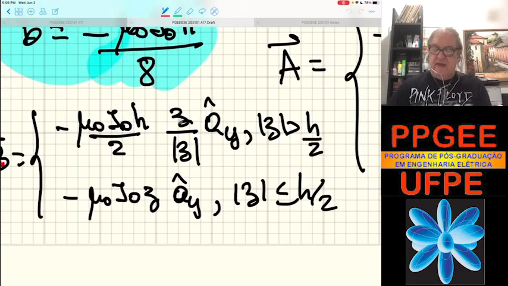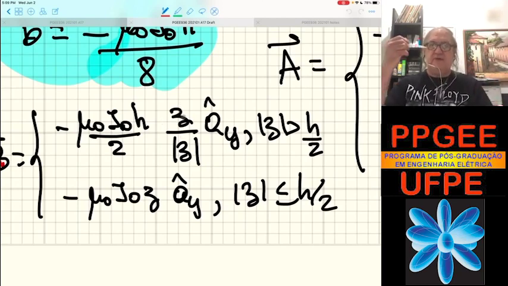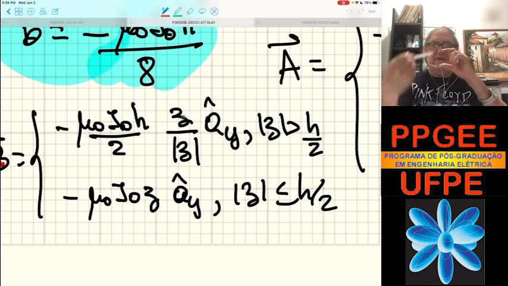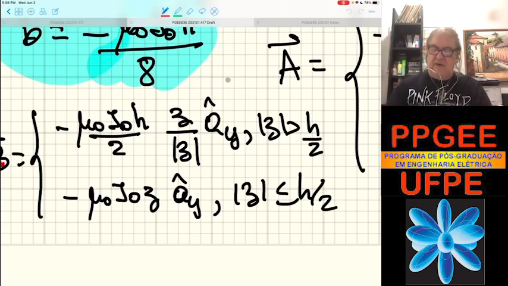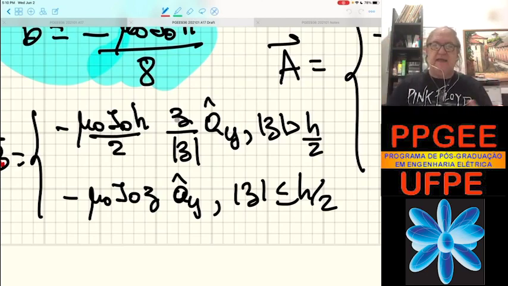The B field points in one direction above the current region, and in the other direction below. You have a current that comes out like this, and the B field is going to be constant everywhere outside, like an infinite plane. And below it is going to be like this, as we expected.